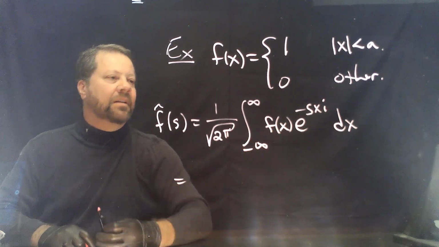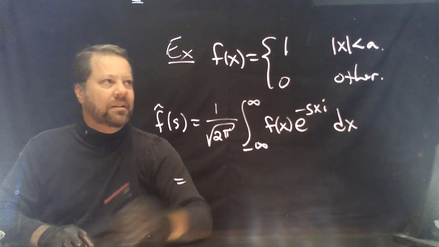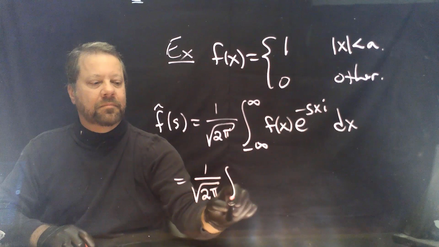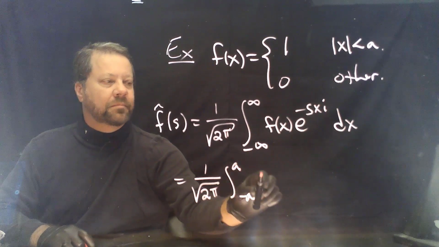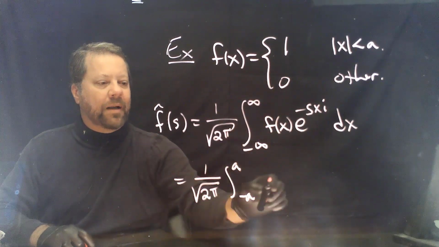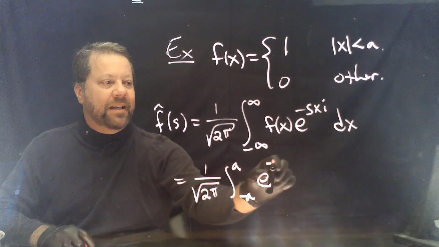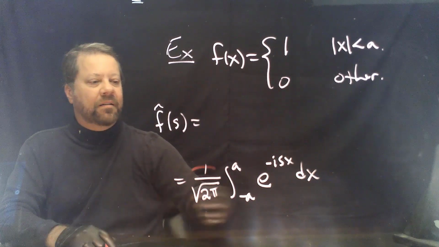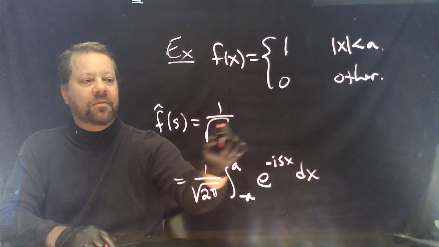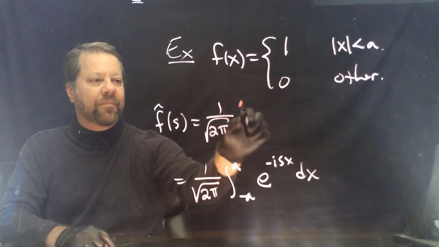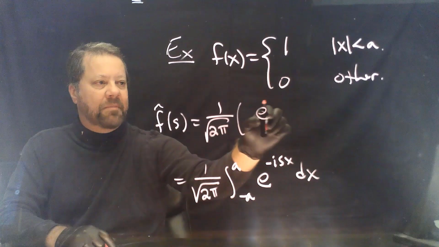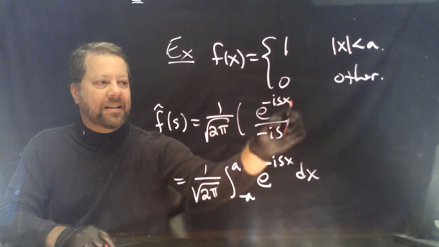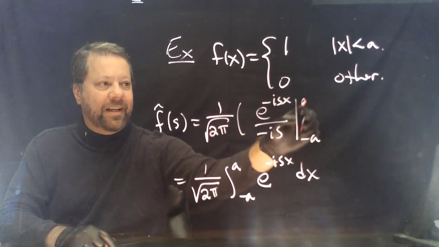This function is going to be 0 unless x is between negative a and a. And in that interval it's 1. So we'll have e to the minus isx dx. We have then 1 over root 2 pi. The integral e to the minus isx divided by minus is is going to be evaluated from negative a to a.